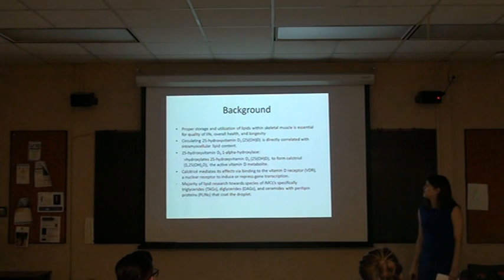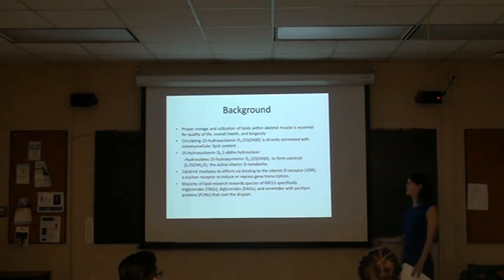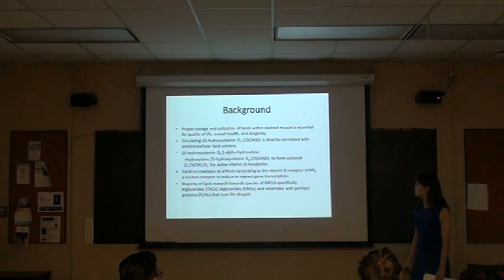Circulating 25-hydroxyvitamin D3 has also been shown to be directly correlated with IMCL, intramyocellular lipid content. 1-alpha hydroxylase is what hydroxylates 25-hydroxyvitamin D3 to give us calcitriol in our bodies. That step is really essential to get the active form, calcitriol.